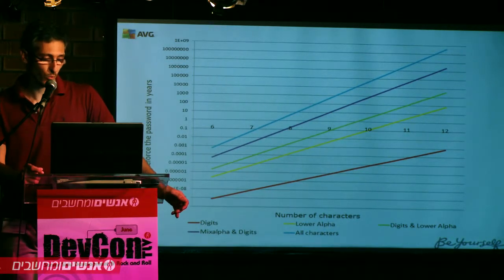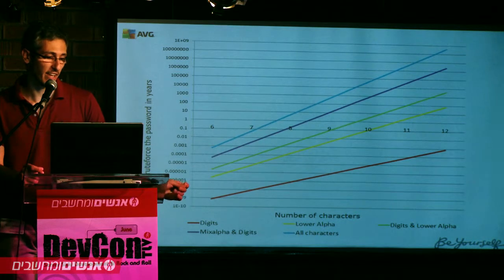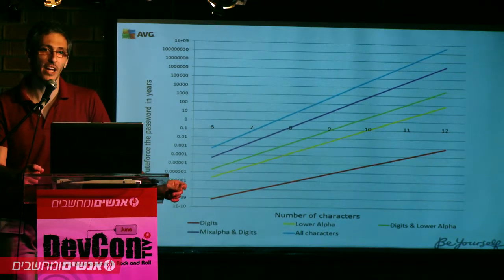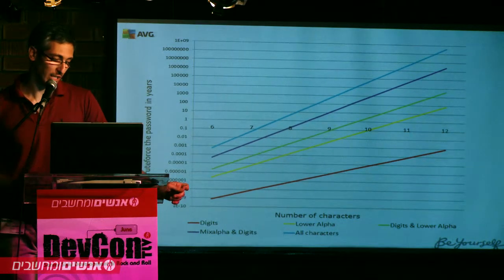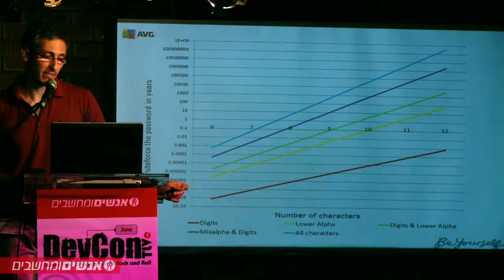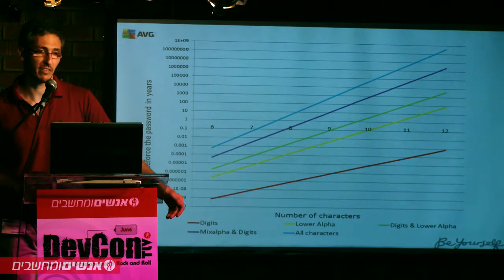So in this graph, we can see how much time it would take an attacker to crack a hash for every key space and for any password length within the range of 6 and 12.